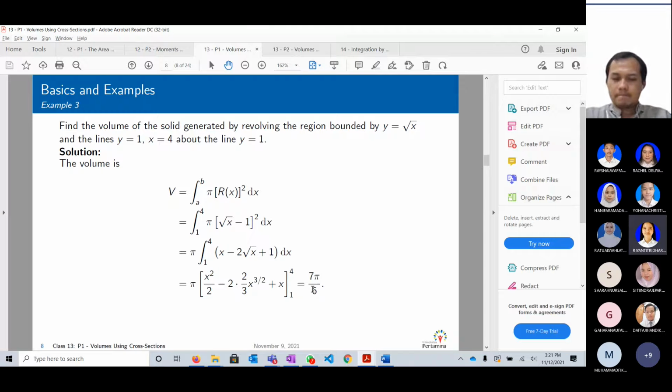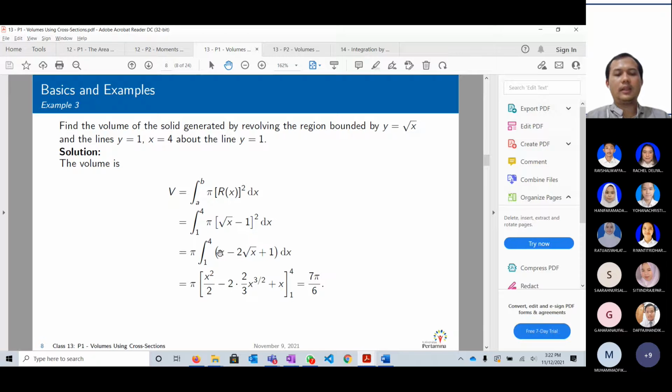Itu yang sama dengan yang kedua dari bawah, yang paling terakhir dapat x kuadrat per 2 min 2 kali 2 per 3 x pangkat 3 per 2 dan seterusnya itu dari mana, Sir? Integral of x minus 2 square root of x plus 1 with respect to x is this inside the bracket.